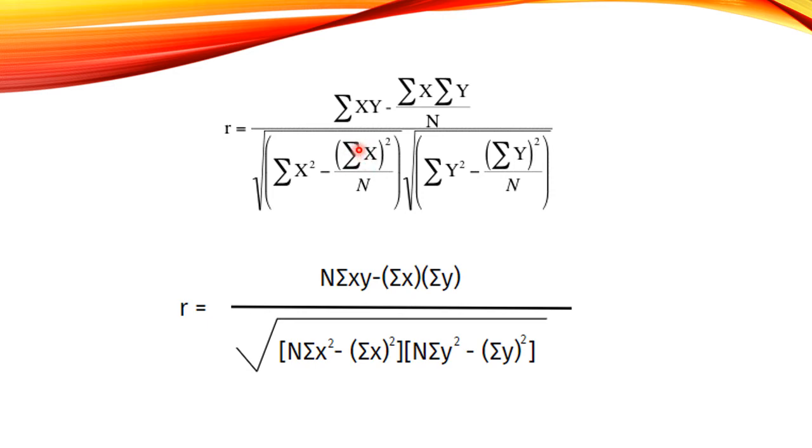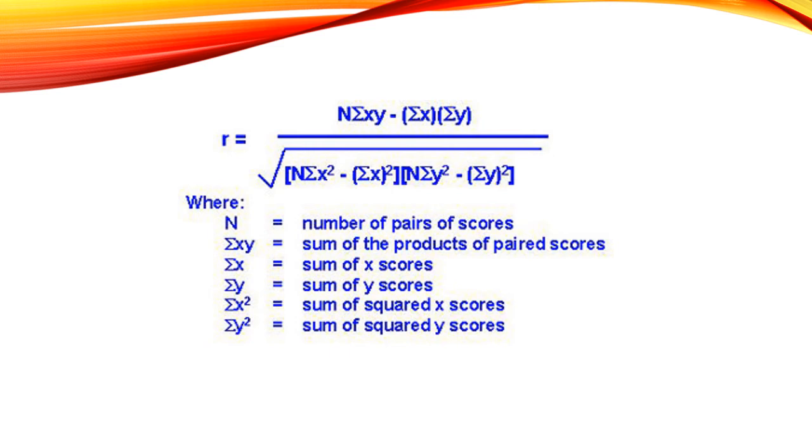What should we do first? We take the summation of X, then take the square of that and divide it by n. Likewise here. Here they are taking the multiplication of that one. It's somewhat different, but you can solve both.